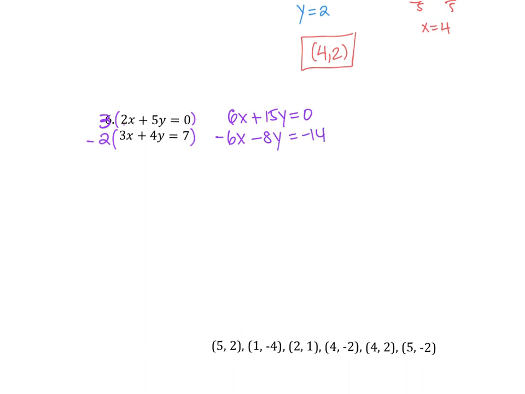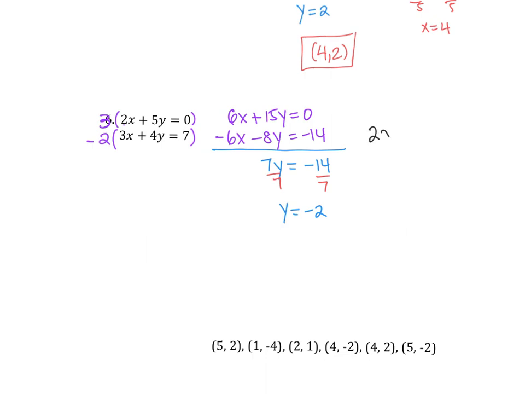And then again, if I've done it correctly, something should cancel. So 6x minus 6x cancels. 15y minus 8y is 7y. 0 minus 14 is negative 14. So I'm going to get y equals negative 2. Then I can plug the y equals negative 2 into any of the equations I started with x and y.